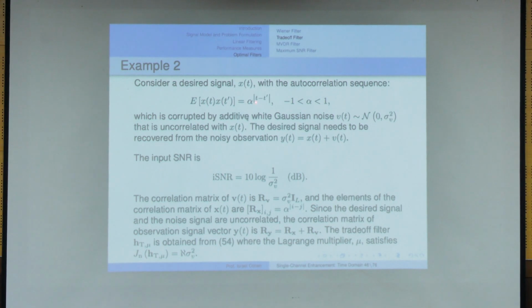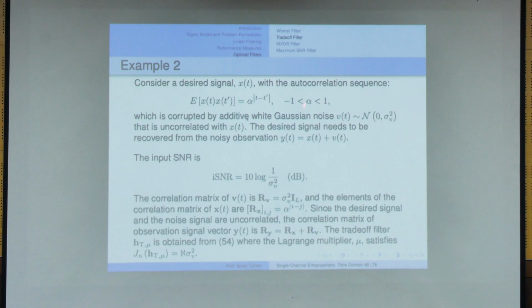By the way, a question: if alpha is 1, it means that if you know one sample and the correlation is 1, and t minus t' can be any number, so it will be 1. So all the samples perfectly correlate.